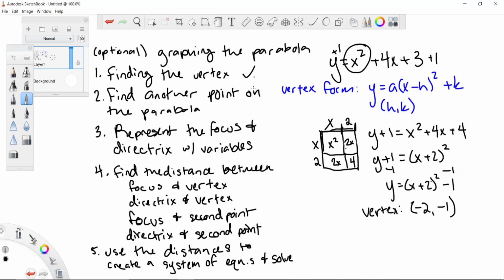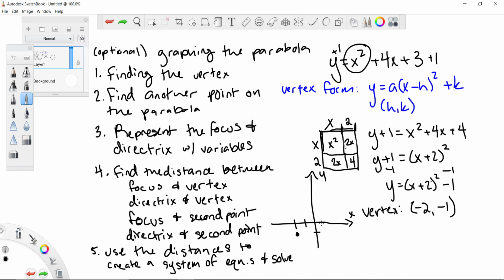Following through, we finished step 1, so we can find another point on the parabola. Graphing it actually can make this pretty easy. So find that -2, -1, that's my vertex. Thinking about the rest of the shape, you can look at the leading coefficient, or the fact that there's no multiple on the outside of these parentheses.